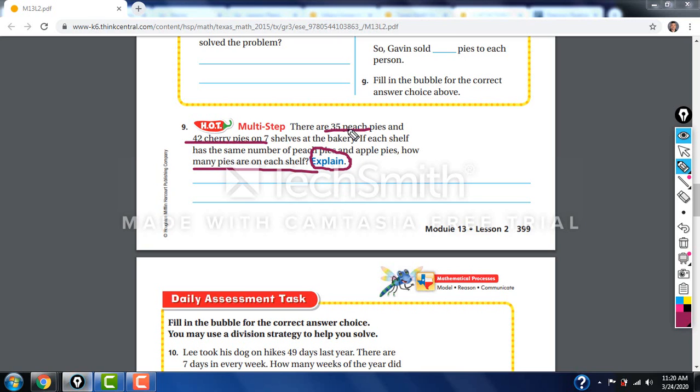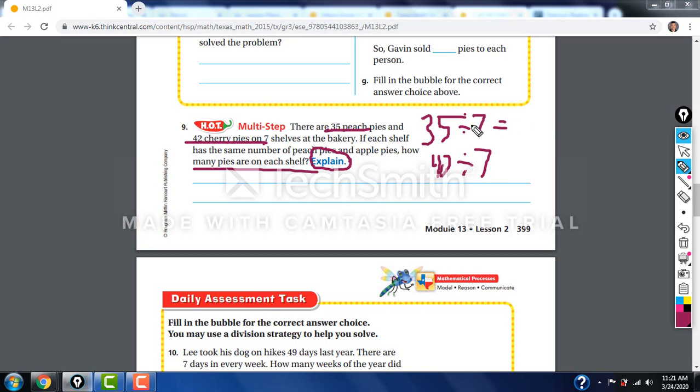Okay, so you have 35 peach pies and you have 42 cherry pies, and there's 7 shelves. So 7 is the total equal number of groups. So you can do 2 things. You can divide 35 divided by 7, and 42 divided by 7.